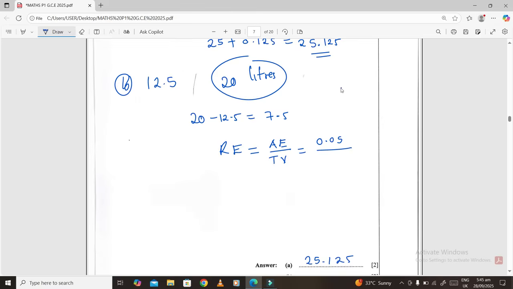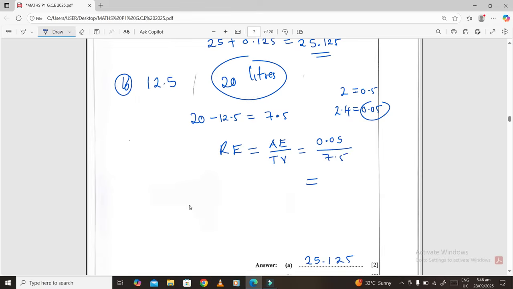Remember, when I give you a number, let's say 2, and I say find the absolute error, you're going to say it's 0.5. If I give you 2.4 and I say find the absolute error, it will be 0.05. So remember this pattern. This is one decimal place, meaning it will be 0.05 over the true value, which is 7.5.